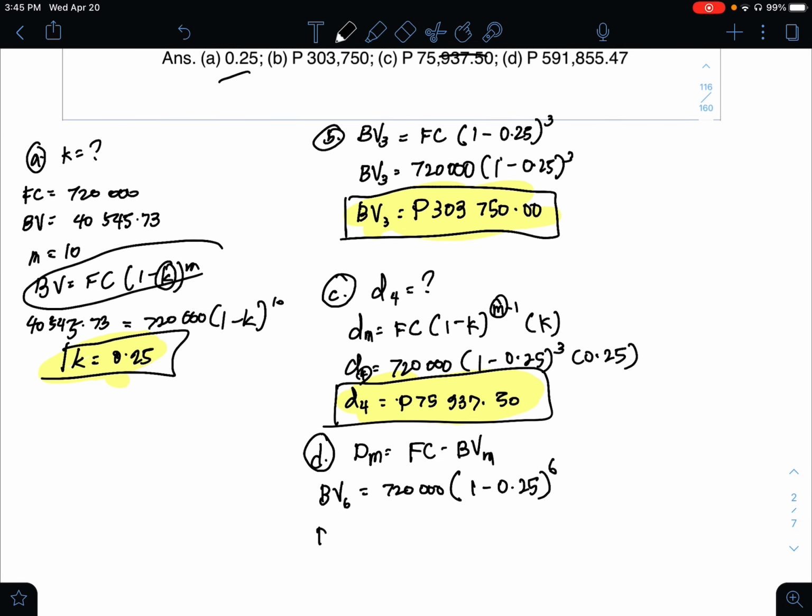So our BV6, wait, let me use the calculator. So it is 128,144.5313.